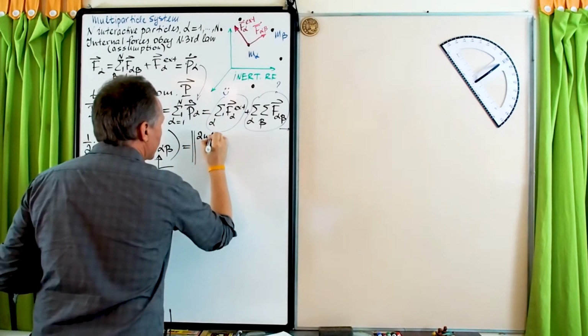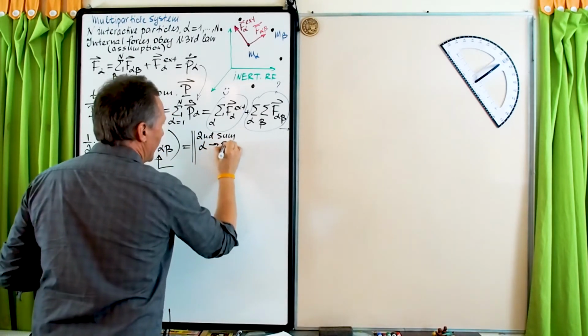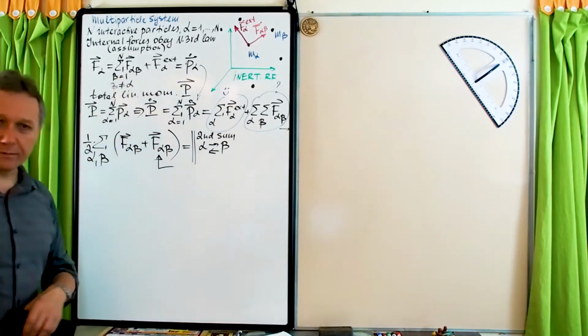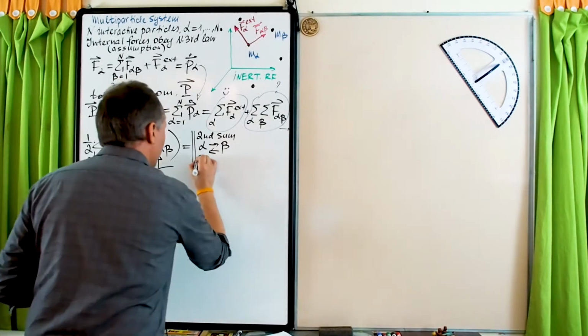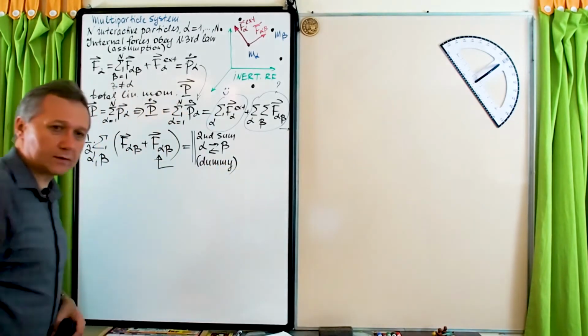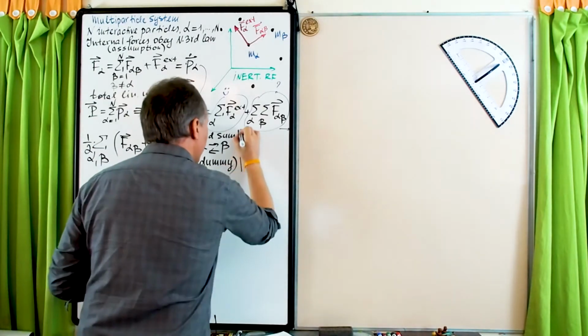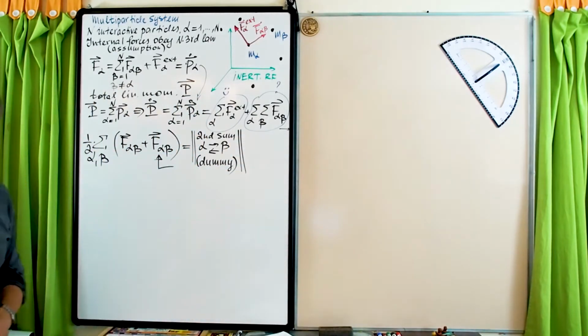In the second sum, alpha is beta and beta is alpha, since they are dummy indices. It's a common trick in calculus, I'm sure that you've seen it before.